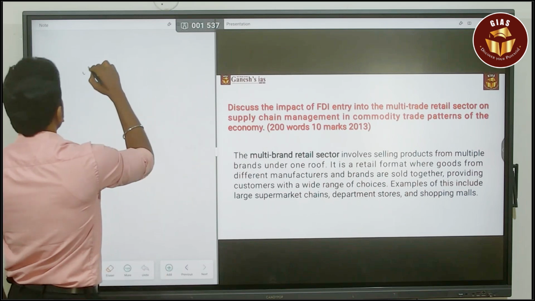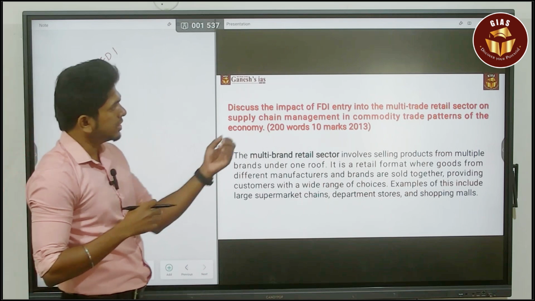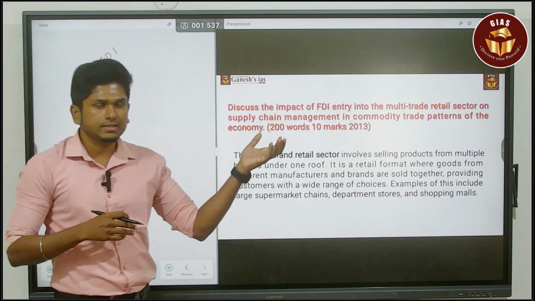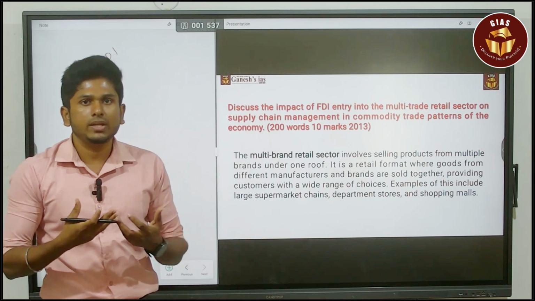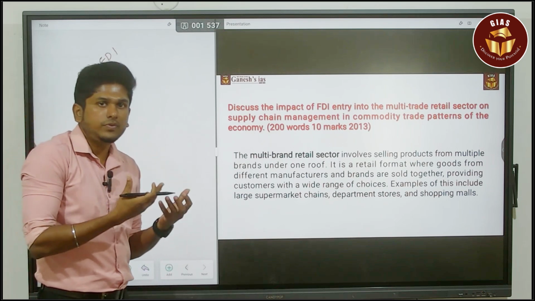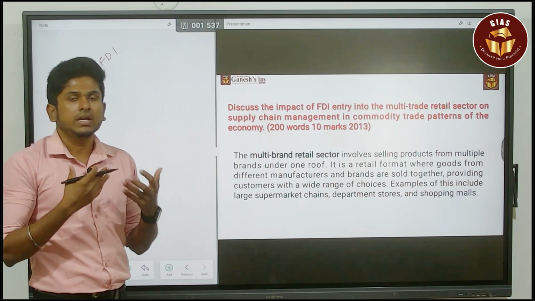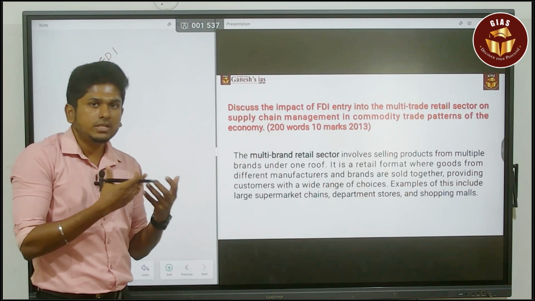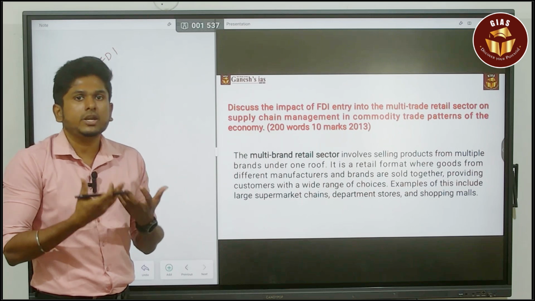The next major benefit is that FDI into this multi-trade retail sector will bring huge innovative and creative ideas, because all these FDI companies belong to multinational companies. They are foreign players. When they come into India, they will come with new and creative ideas.